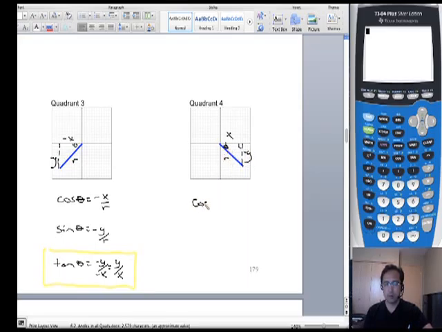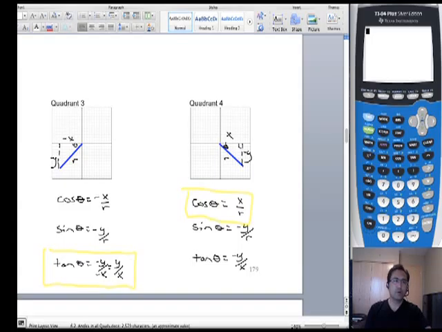So cos theta is going to be equal to x divided by r. Sine theta is going to be equal to negative y divided by r, and tan theta is going to be equal to negative y divided by x. So the only one that's positive here is going to be our cosine.